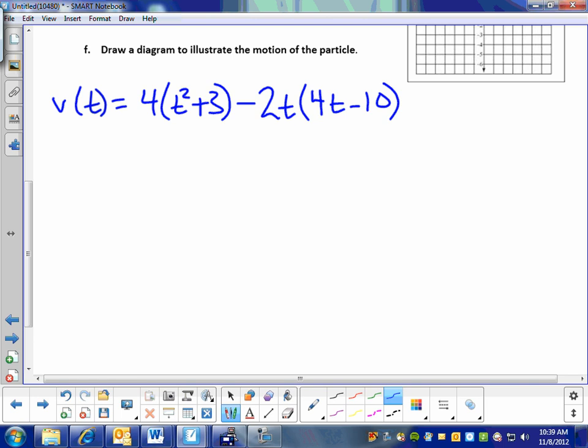All divided by t squared plus 3, quantity squared.